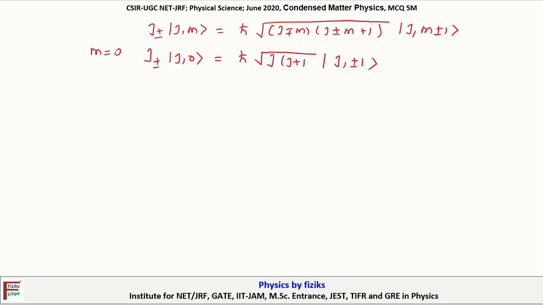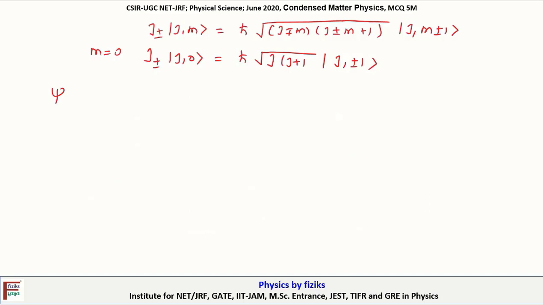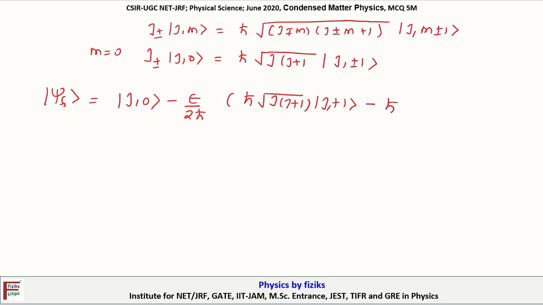Substituting this value in this equation, we get psi phi is equal to J0 minus epsilon by 2 h cross into h cross root J into (J plus 1) J, 1 minus h cross root J into (J plus 1) J, minus 1.